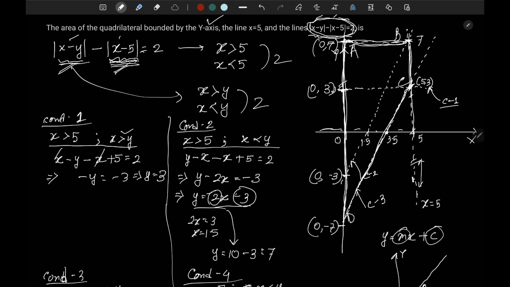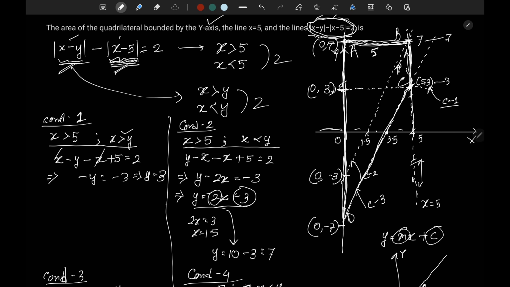Now what is the value of AB? The value of AB is nothing but 5, because that is x equal to 5 line. Okay, what is my value of BC, or this one? Your C is at 3, your B is at 7, so this value is nothing but 4. Okay, what is your value of AD?